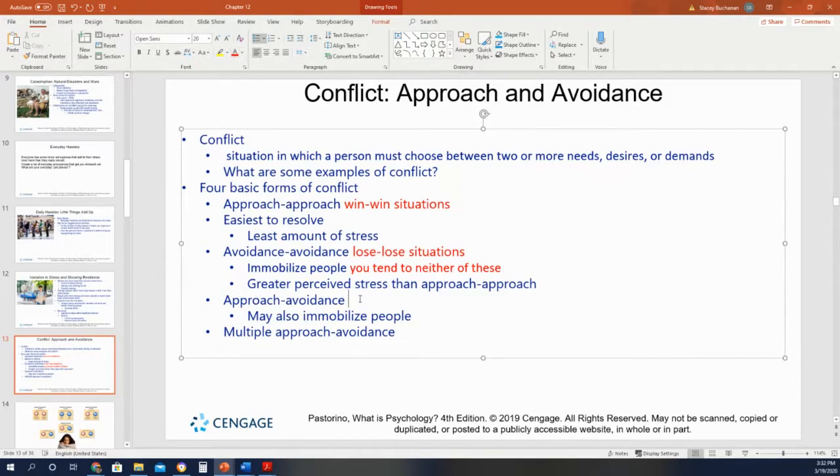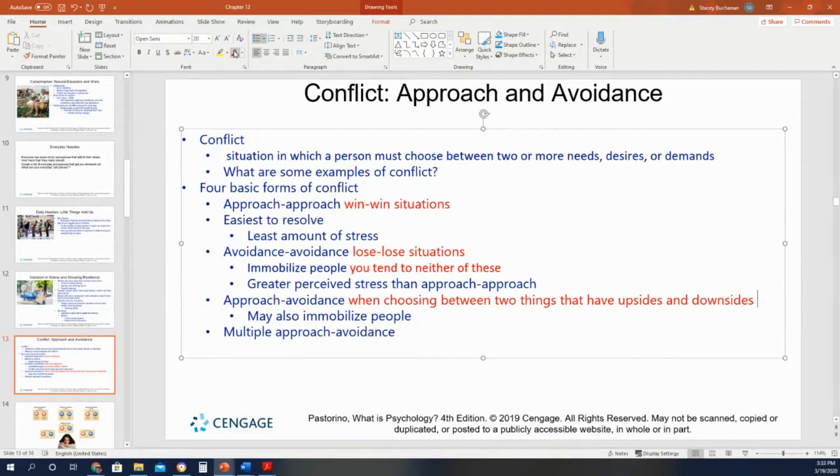And then approach avoidance is when you're choosing between two or more things that have upsides and downsides. So approach avoidance would be like choosing to get a dog, for example.